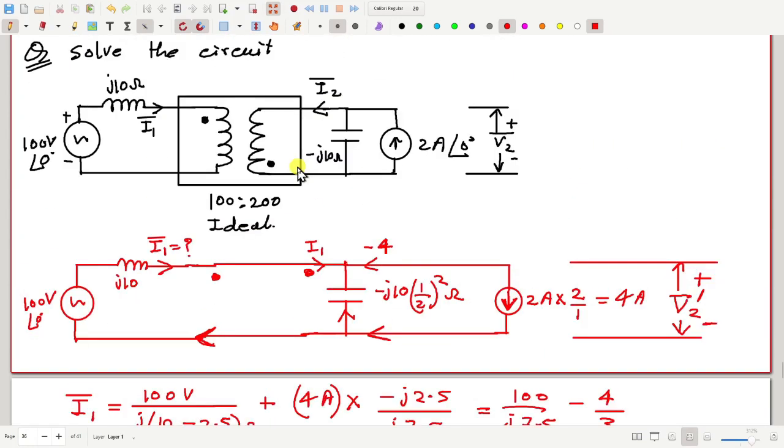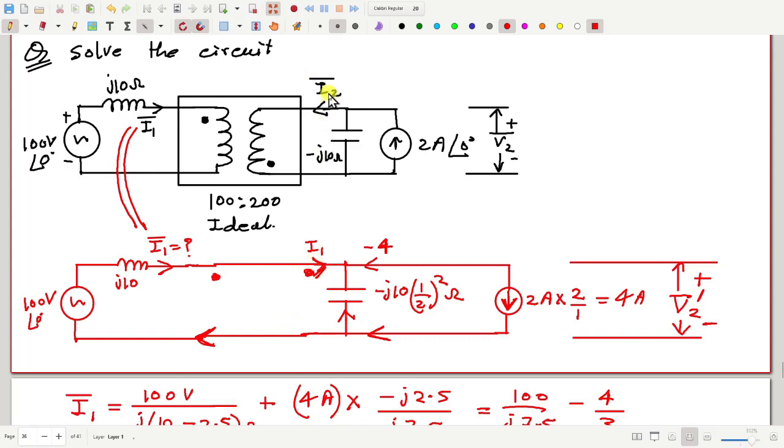Now, what will be the solution of the original circuit? In this black one, this I1 will be same as this I1. But what else? Now this I2, how much will be this I2? Here we have the current I1 flowing here.